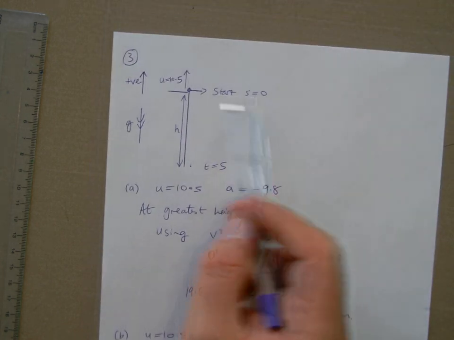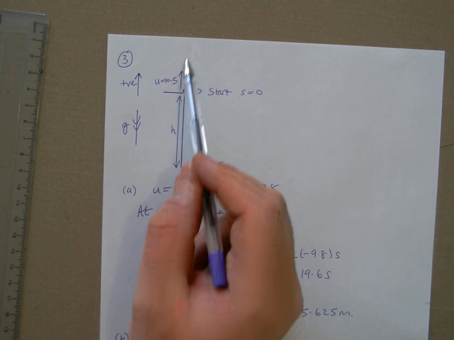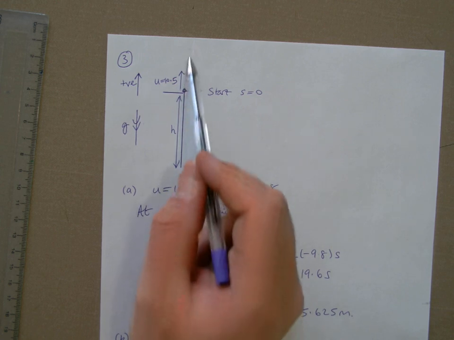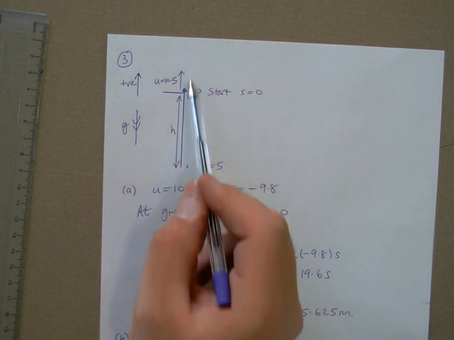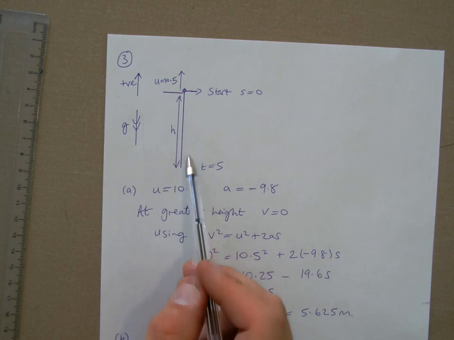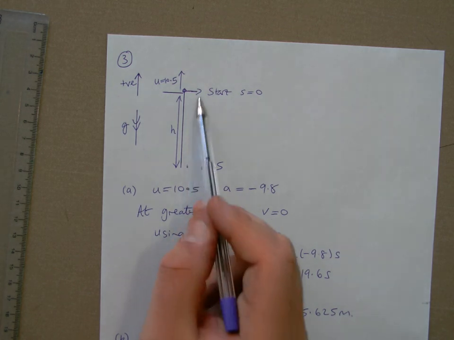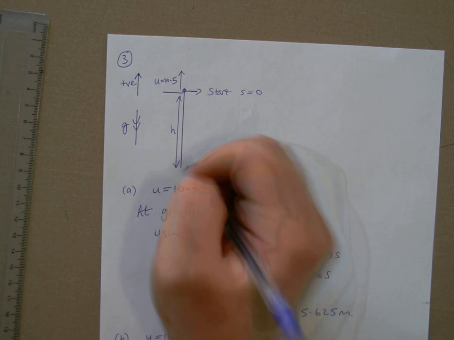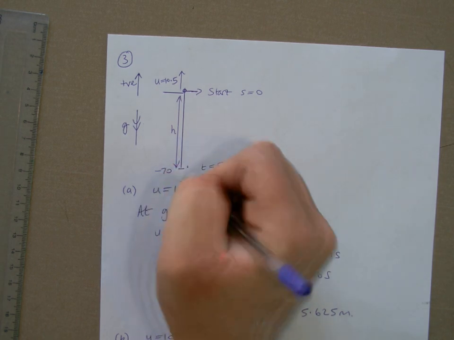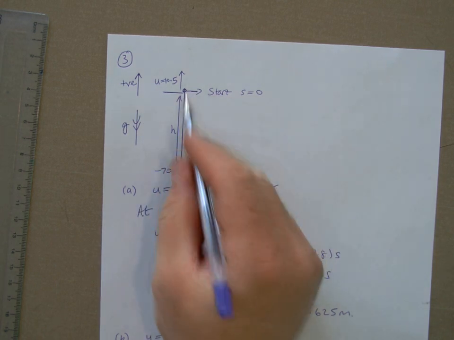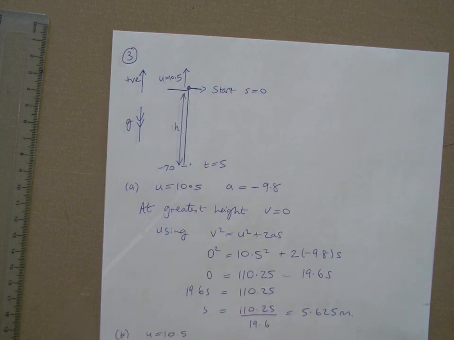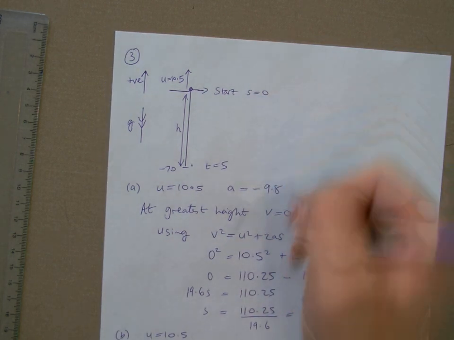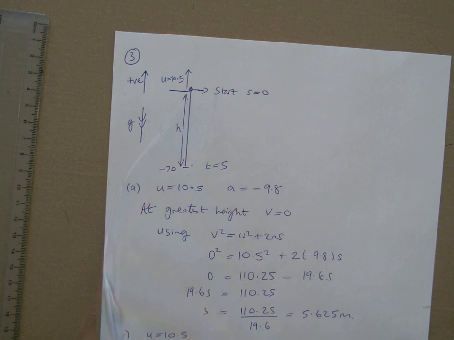Now if s is 0 here, remember we took upwards as positive. So if this was an axis system, upwards would be positive displacement. But when it ends up down here, we'd be on the negative axis value. So this would be my minus 70. It's 0 there, and when we're down here, it's minus 70. It's showing we're below the starting point, because upwards was positive and we've gone past it.